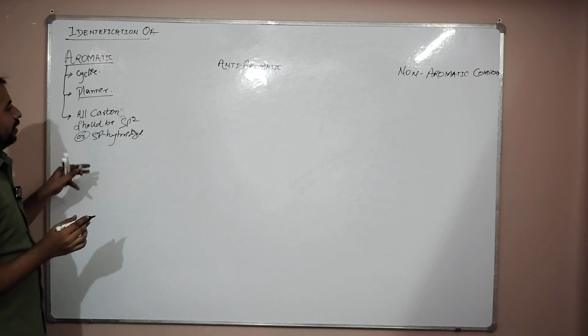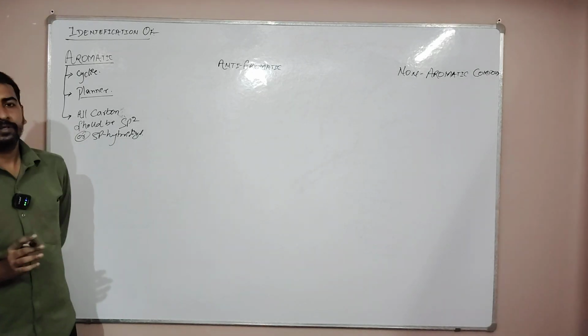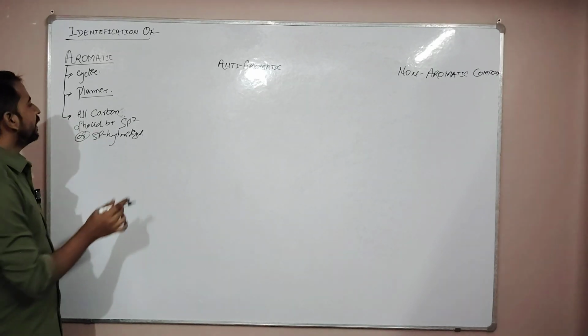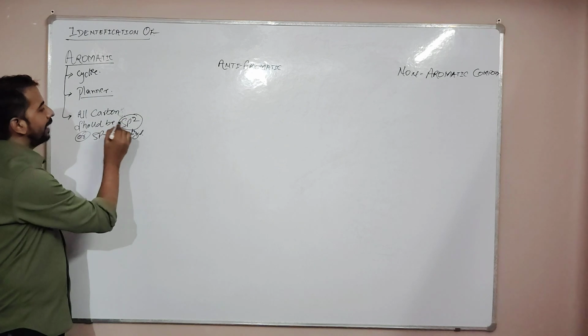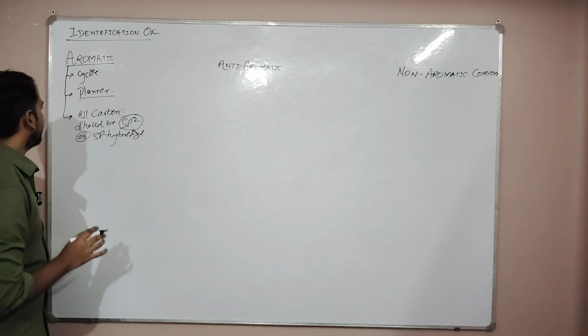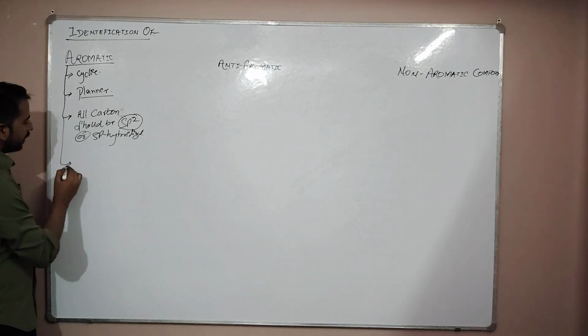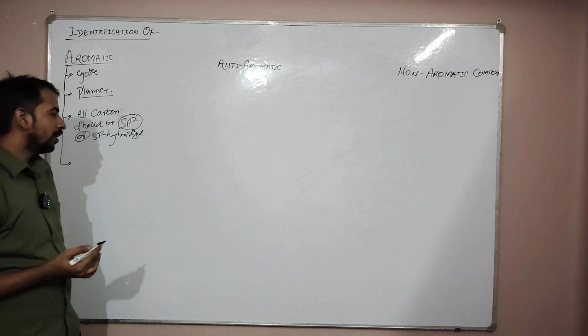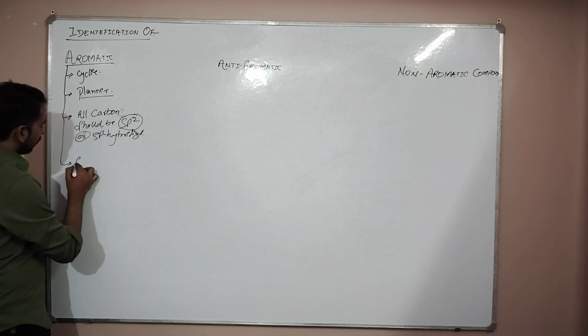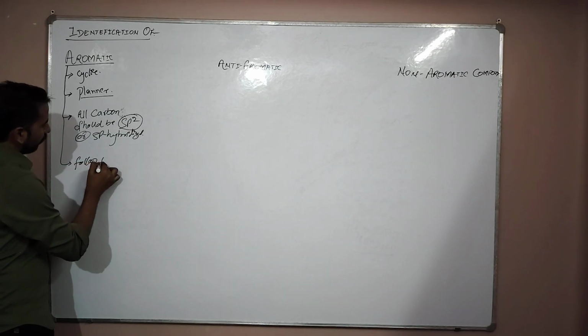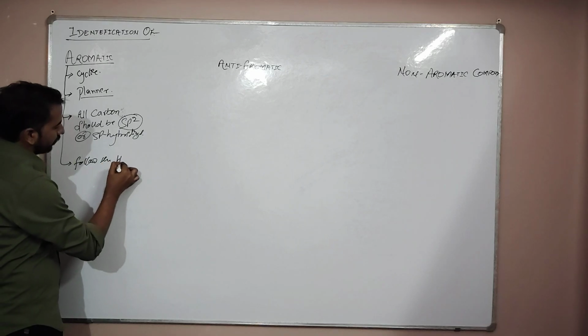Normally, in general form, we say if any compound has sp2 hybridized carbons, it is a planar compound. Now the next is that it should follow Huckel's rule.